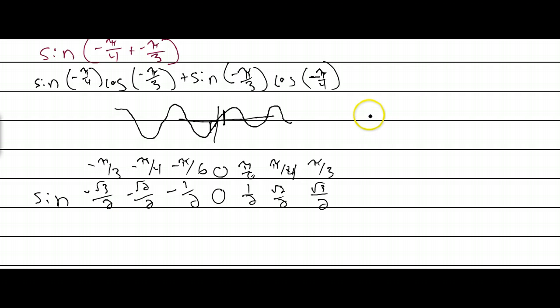The other reason why is because sine is odd. It's an odd function. So that just means that sine of negative x is equal to negative sine of x.